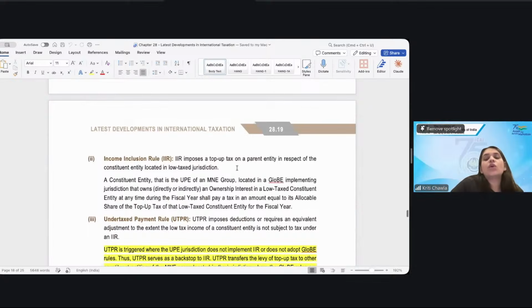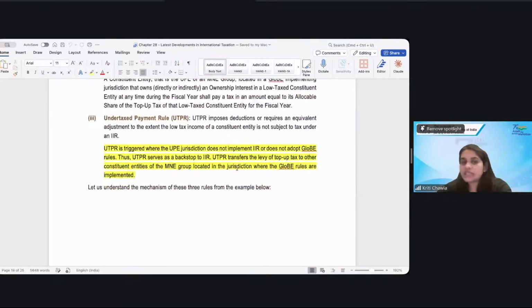Then there is something called IIR, which is the income inclusion rule. It imposes a top-up tax on a parent entity in respect of the constituent entity which is located in a low tax jurisdiction. And then there is the undertaxed payments rule, which is the UTPR.